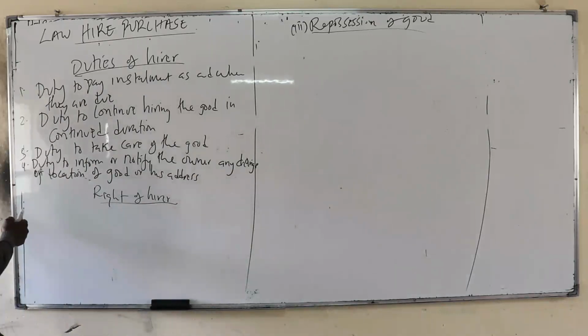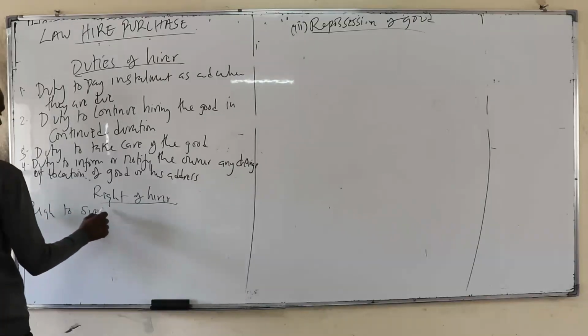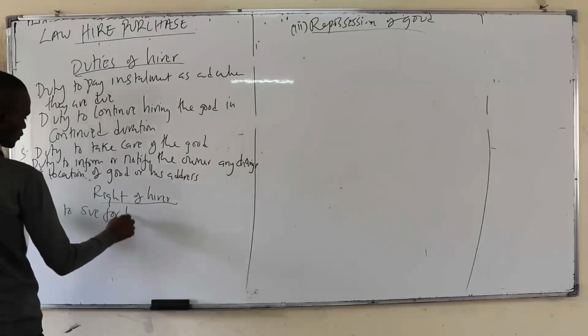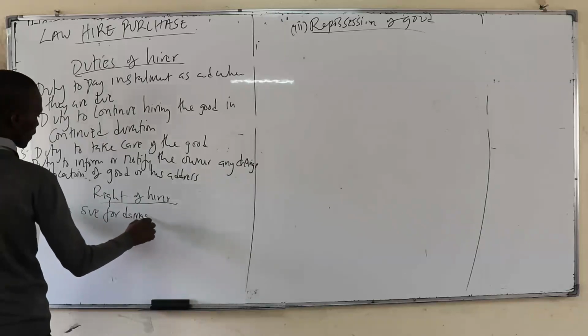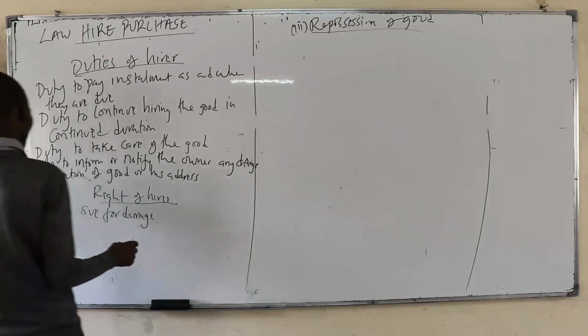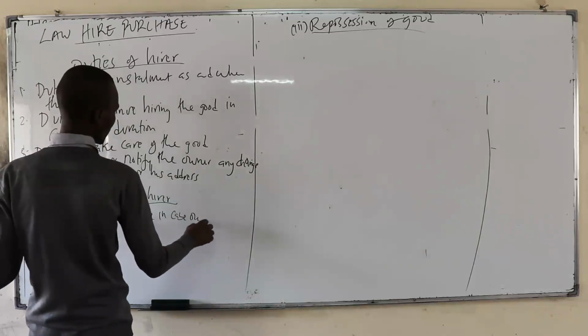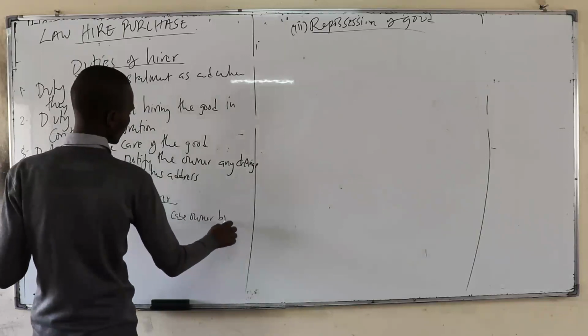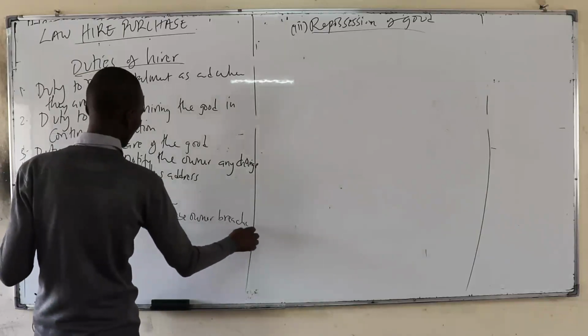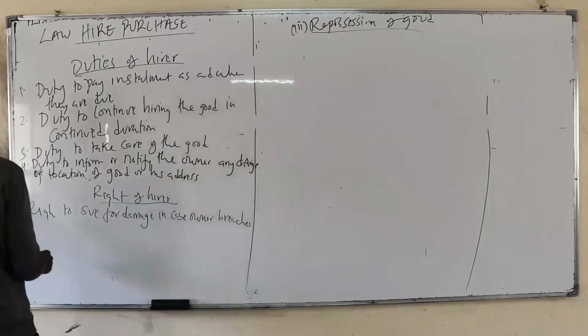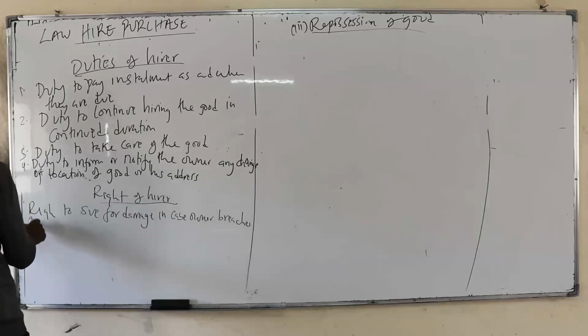Rights of the hirer. Number 1, right to sue for damages in case the owner breaches. Number 2, right to terminate the contract.